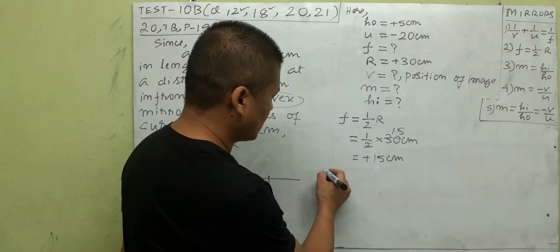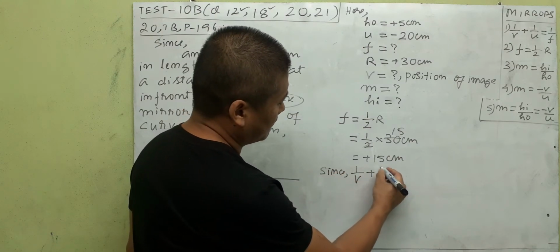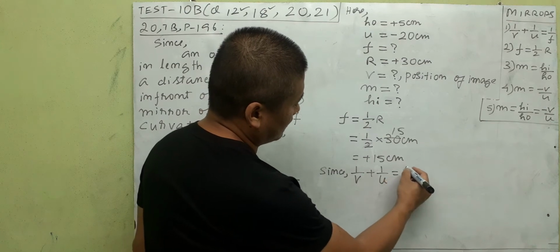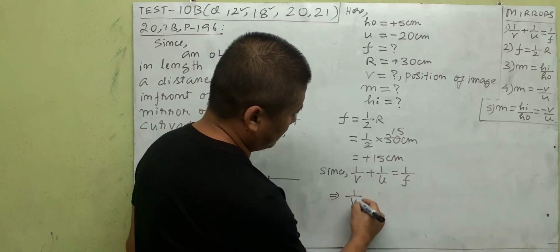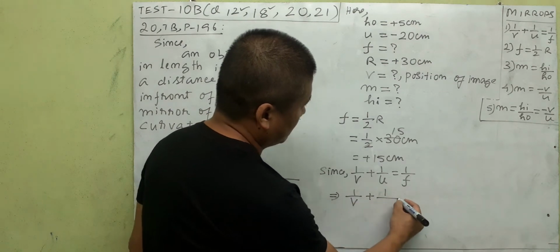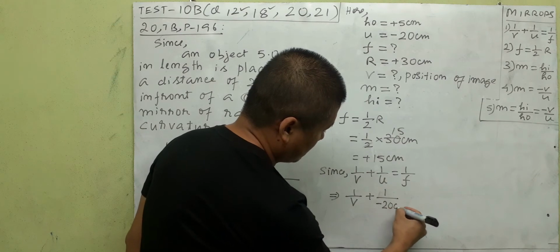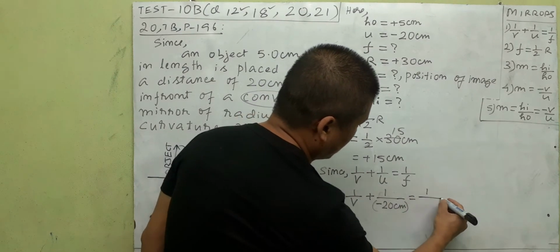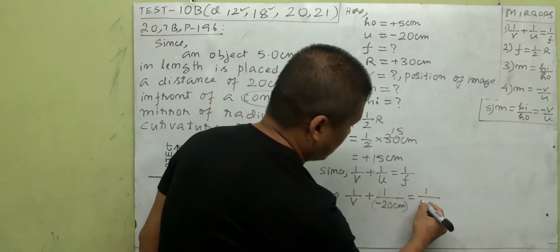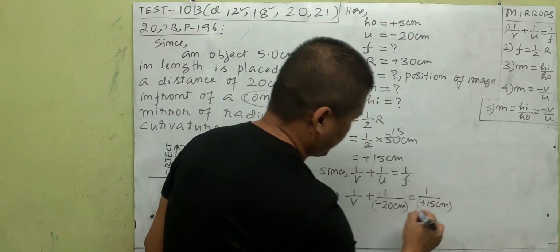If we know F and U, easily we can use this first famous mirror equation to find out V. So we write here, since we clearly know the main formula, 1 by V plus 1 by U equal to 1 by F. So we can just replace the right values in the right places: plus 1 by U here, minus 20 centimeter, is equal to 1 by F here, plus 15 centimeter.